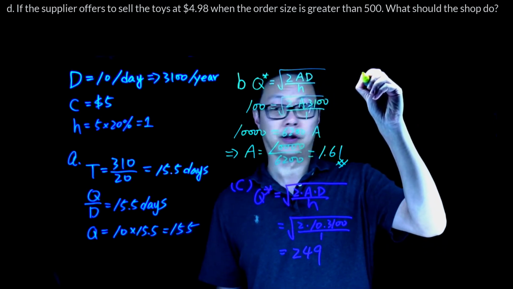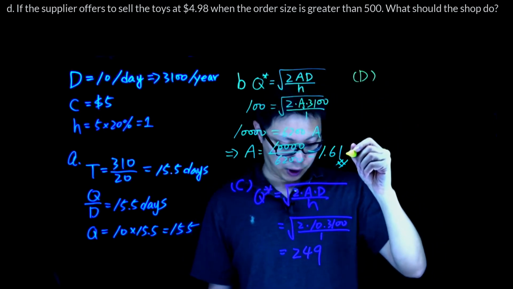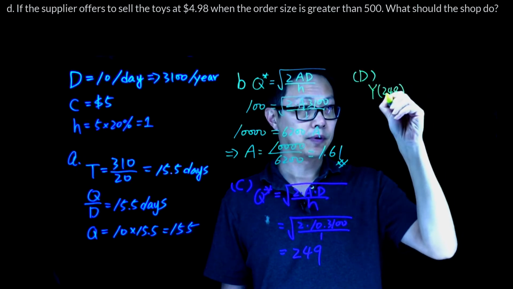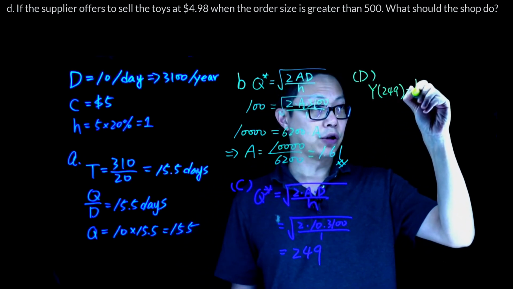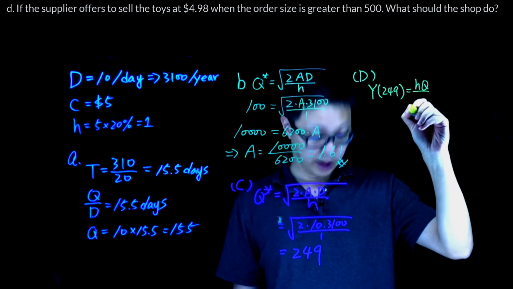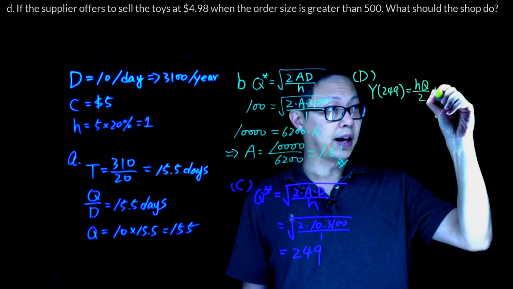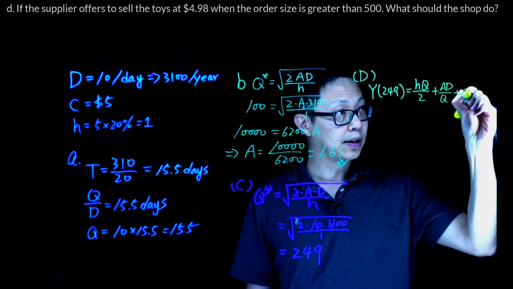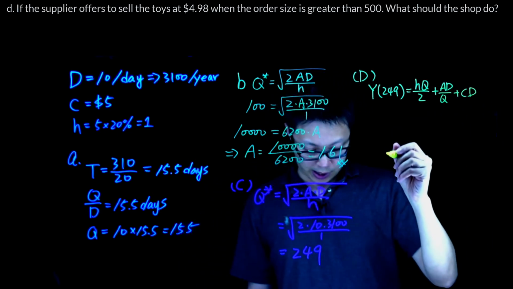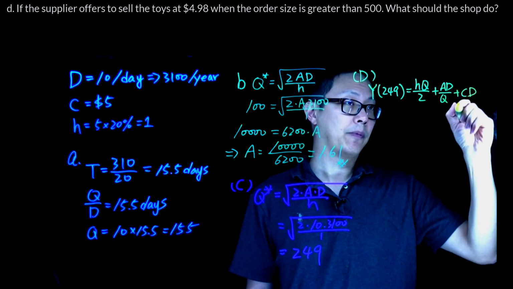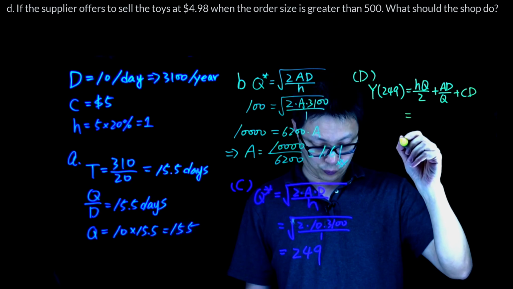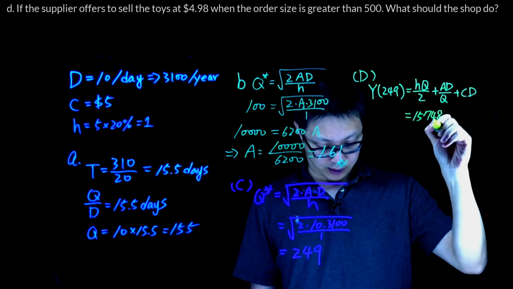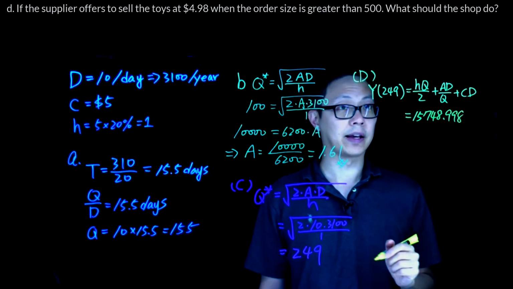I know this is for demand D. If I order 249, my cost will be equal to H times Q divided by 2 plus AD divided by Q plus C times D. By plugging in all the numbers, we know this is equal to 15,748.998.